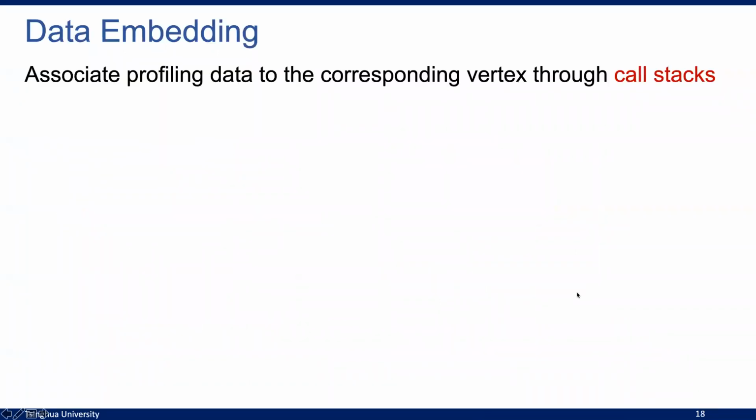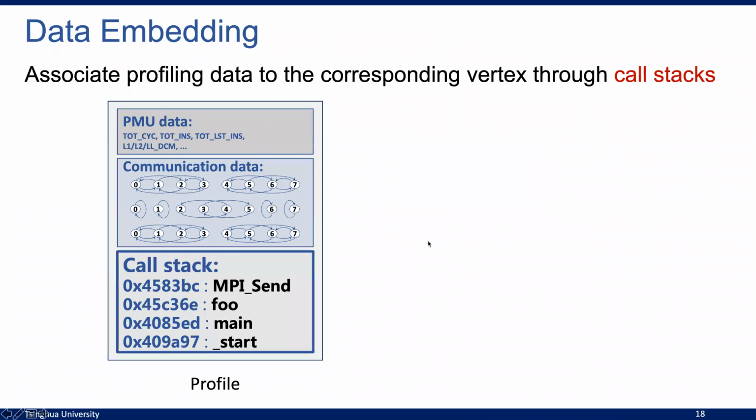Finally, we associate profiling data to the corresponding vertex in the PSG, the program structure graph, through call stacks. The profiling data include the PMU data, communication data, and call stacks.